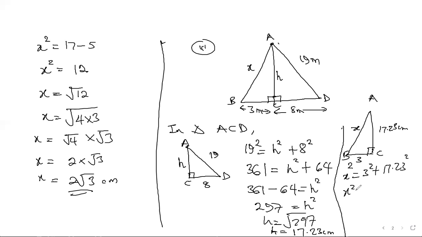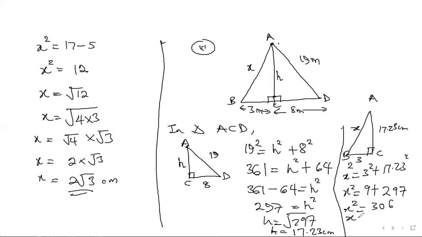So x squared will be 3 squared, which is 9, plus 17.23 squared. That will give you 297, done that before. Then x squared will be 297 plus 9. So 306.